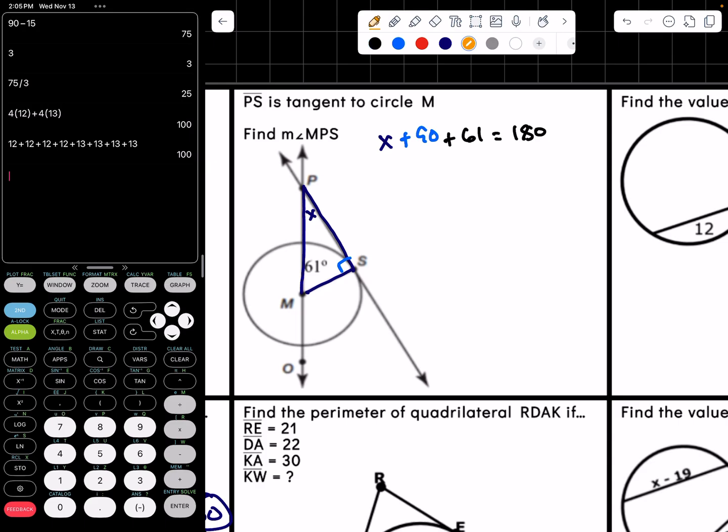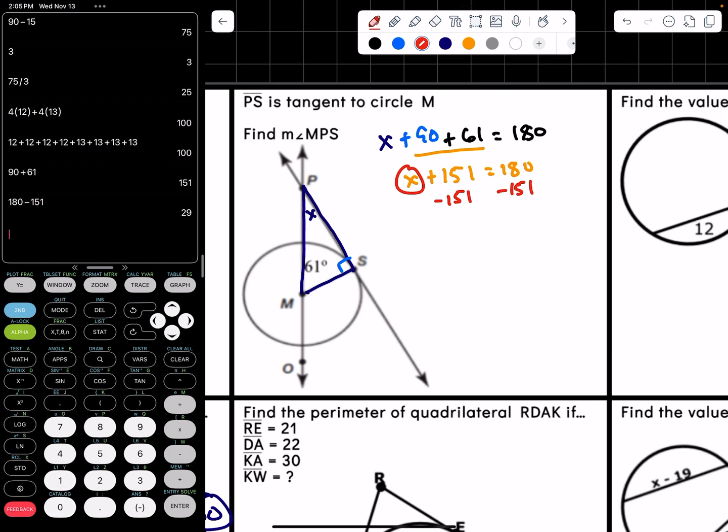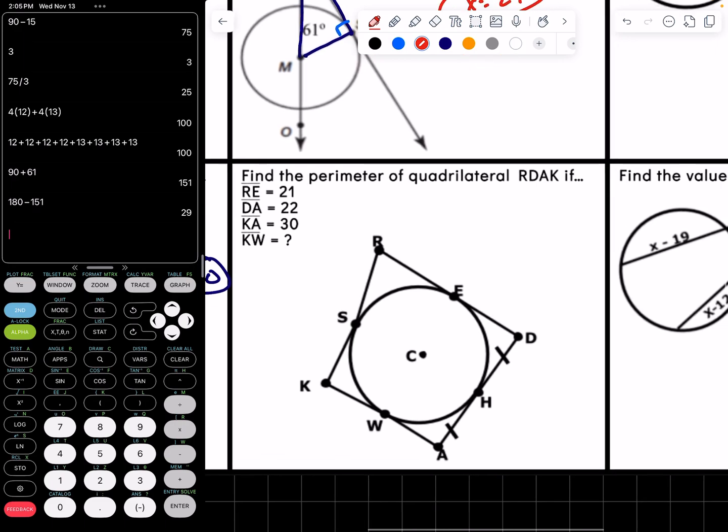So I can combine like terms. 90 plus 61 equals 151. So x plus 151 equals 180. I can subtract 151 from both sides because I want to get x by itself. 180 minus 151 equals 29. X equals 29 degrees.